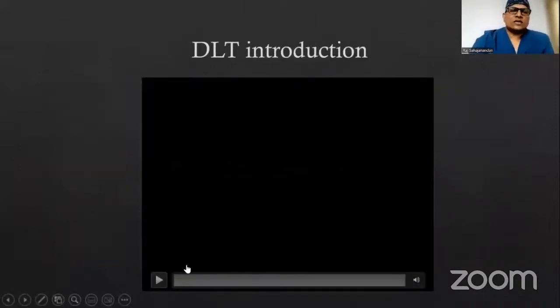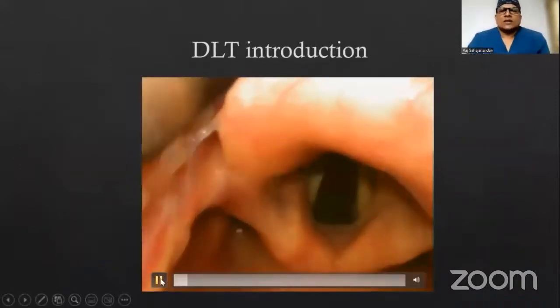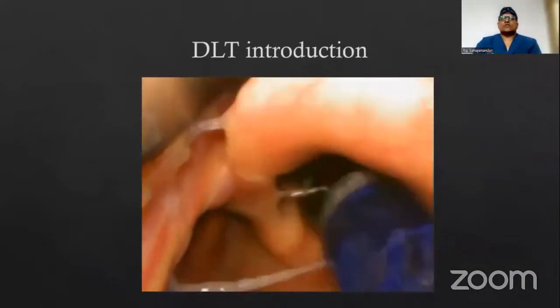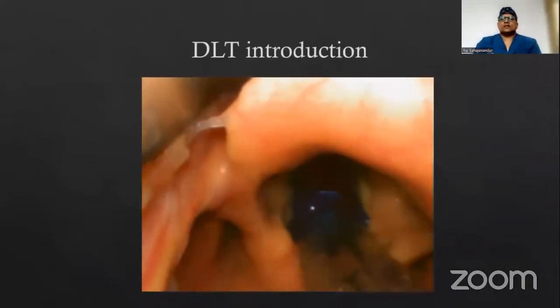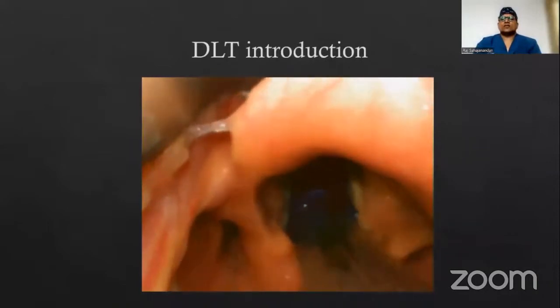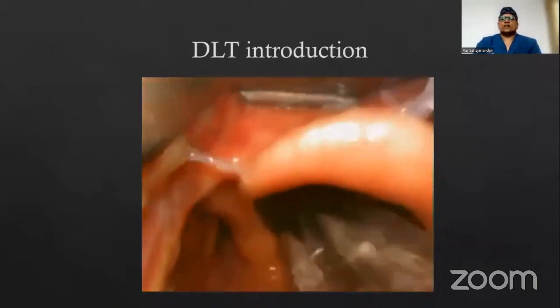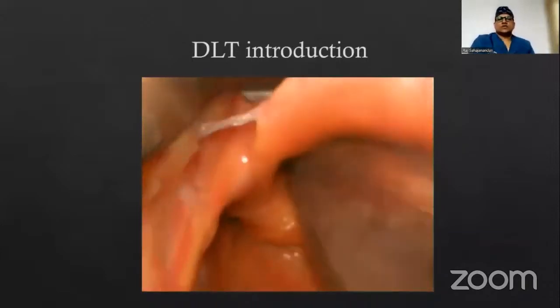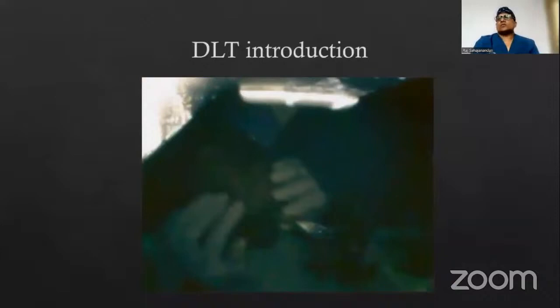If you see what is happening inside, you should see the blue curve entering the trachea. Once the blue curve enters the trachea, you can rotate it by 90 degrees and advance. There's a bit of controversy whether to take out the stylet or not. If it's a new tube, it will have adequate rigidity and it will maintain the shape to go in.